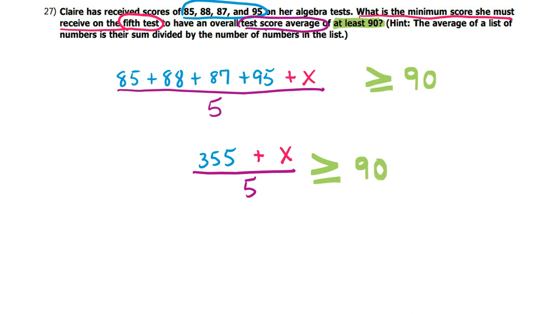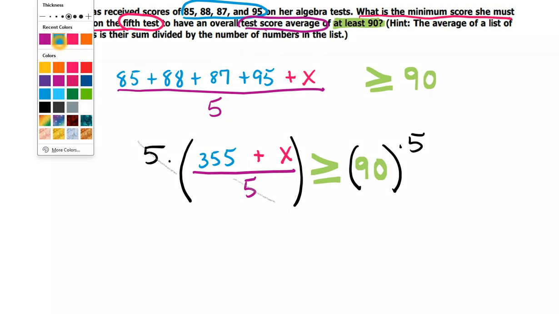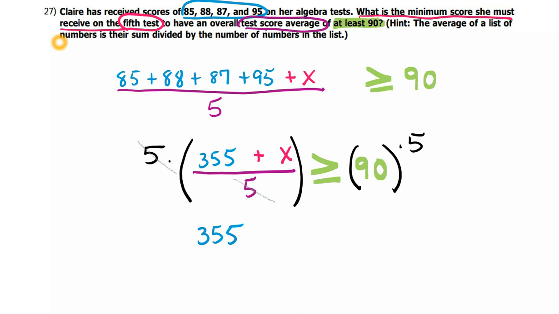And then I am going to multiply both sides of this equation by a 5, because if you take 5 times this and then divide by 5, the 5's just cancel out, and it takes you back to the 355 plus X, which will be greater than or equal to 90 times 5 is 450.